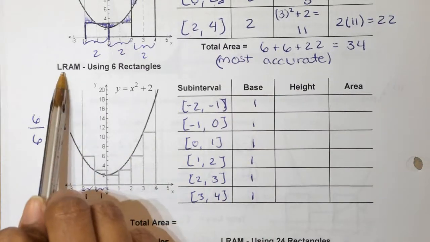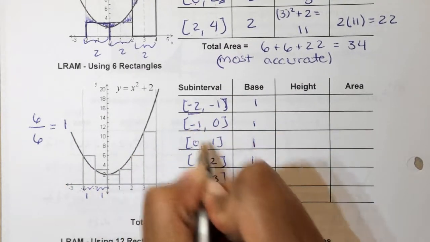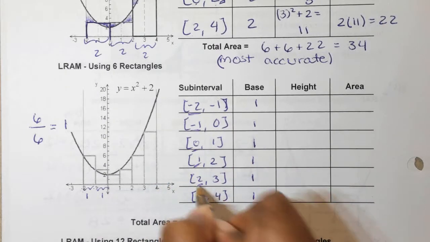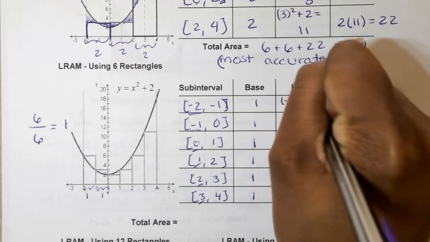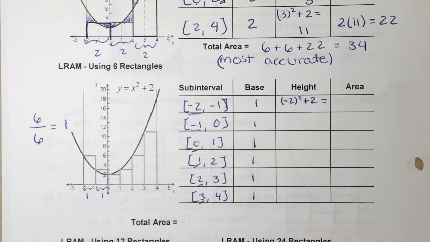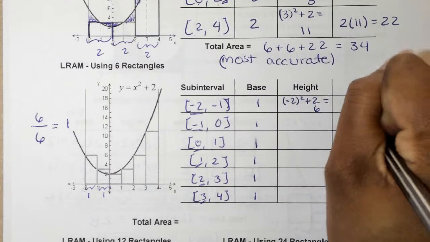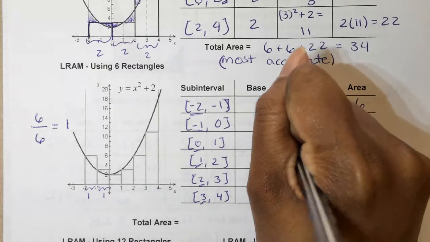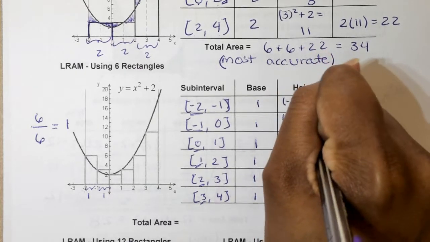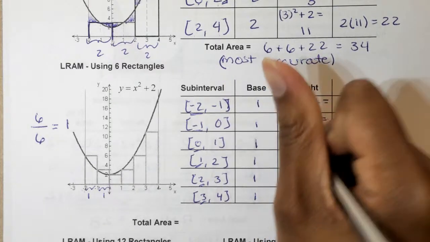And since we're using the left-hand Riemann sum, we're going to look at that left endpoint to find our height. So we want -2 squared plus 2, which we know is 6. So the area will be 6. So 1 times 6 is 6. Then we have -1 squared plus 2, which will give us 3. So our area is 3.